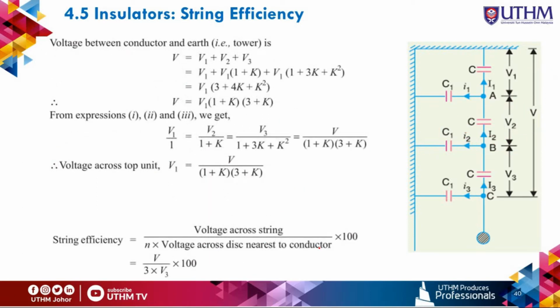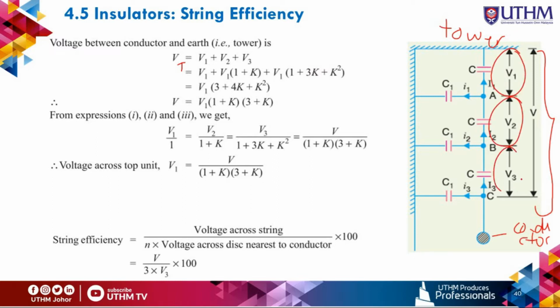Now from here, we can get the total voltage from the conductor and the tower. This one is the tower, or the earth, until the conductor. So V total is V1 plus V2 and also V3.